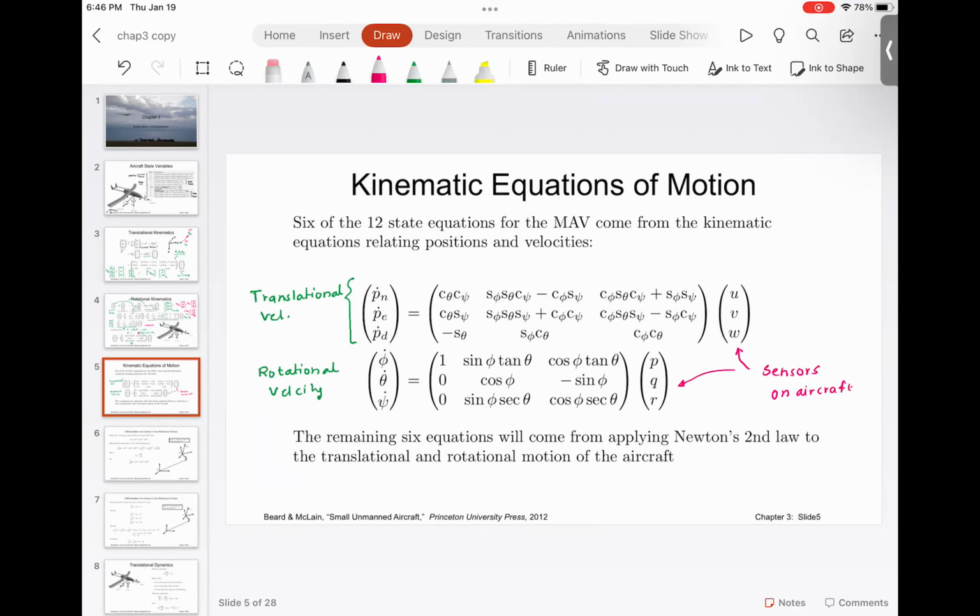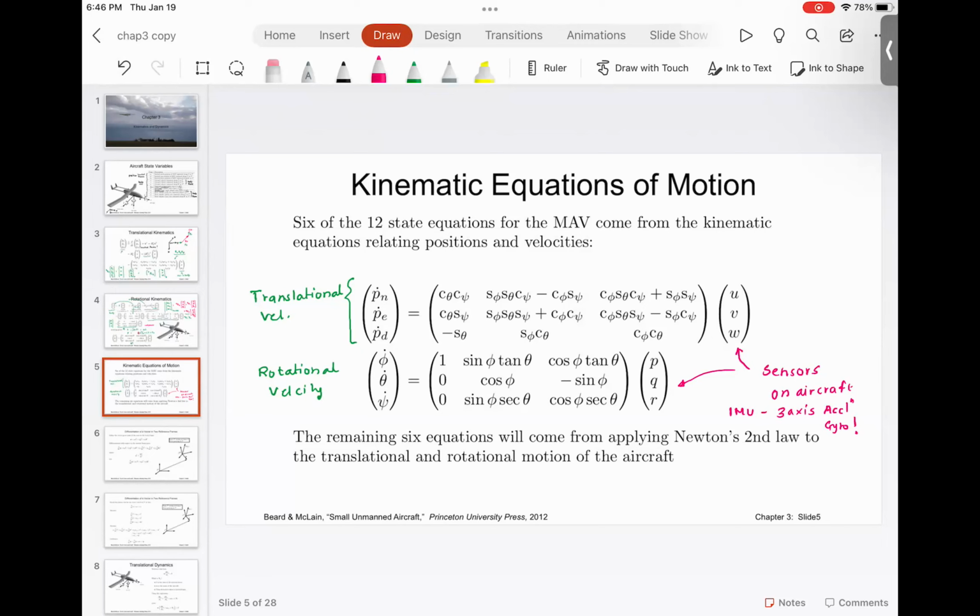So you can have an IMU, which is a 3-axis accelerometer and gyroscope. That will give you accelerations, and you can integrate those accelerations and find the velocity.